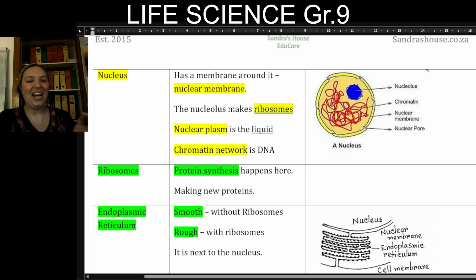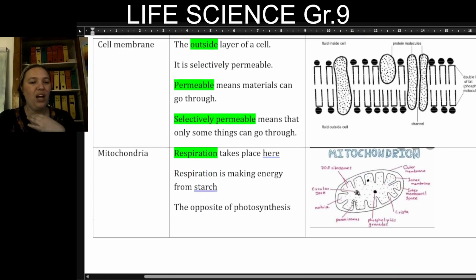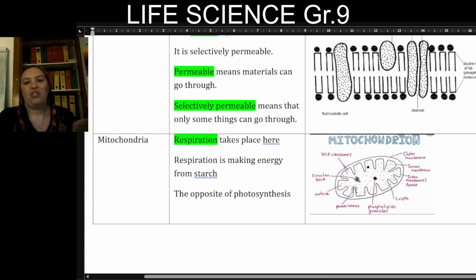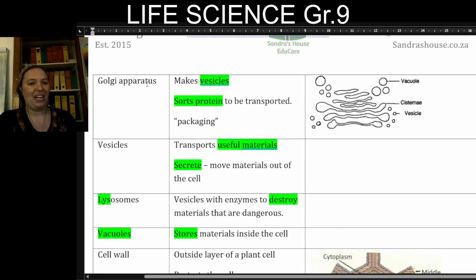So now find yourself a way to remember it. For example, with mitochondria, I just always remembered because it's the weirdest word. So I spent a lot of time just memorizing it. But with the Golgi apparatus, we said it stores stuff so that it can be moved. And I've got golf.